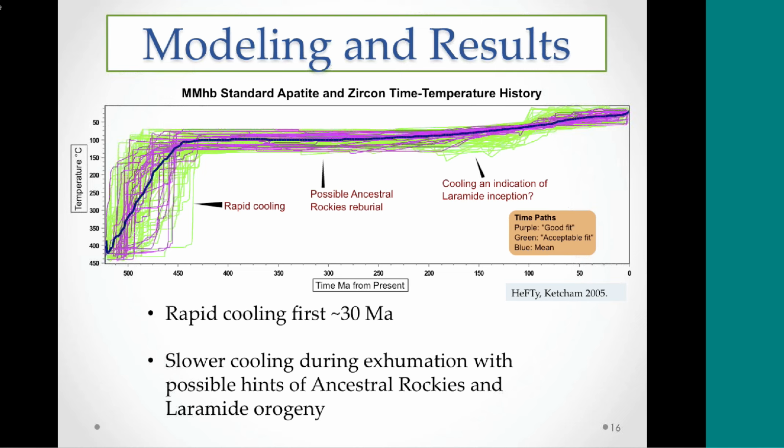Oh, Glenn? So looking at this diagram, I calculated that it's about 4.3 degrees per million years in that early rapid cooling time period. Can you now use that information to say something about the size of the intrusion? I'm not really sure.